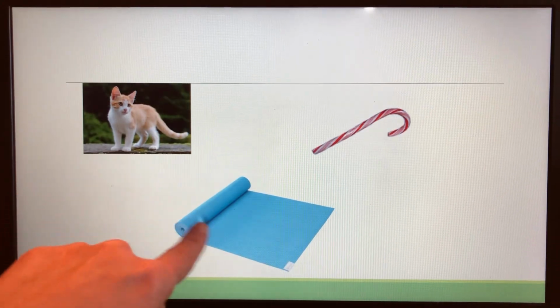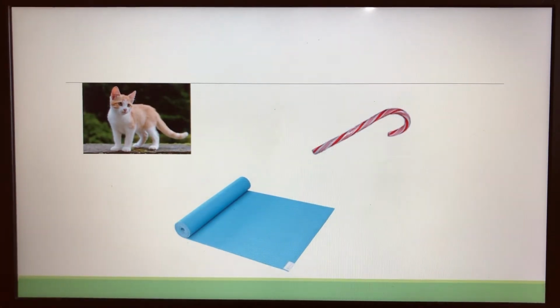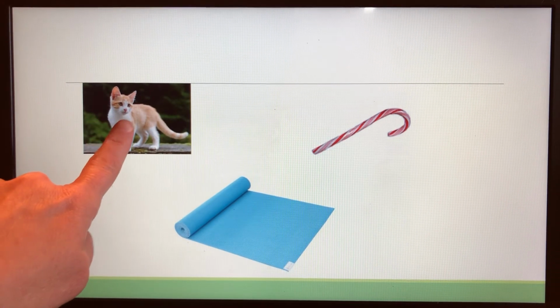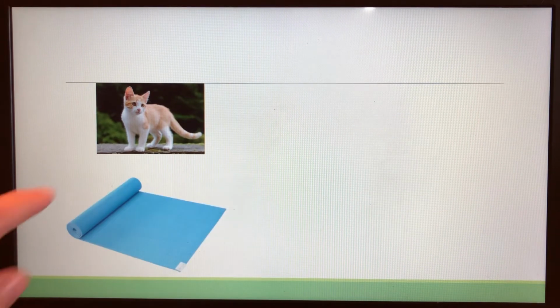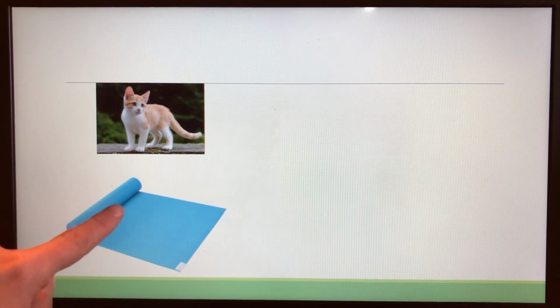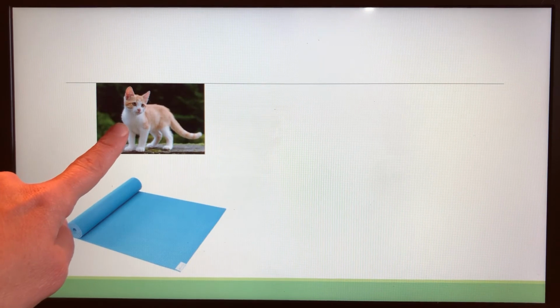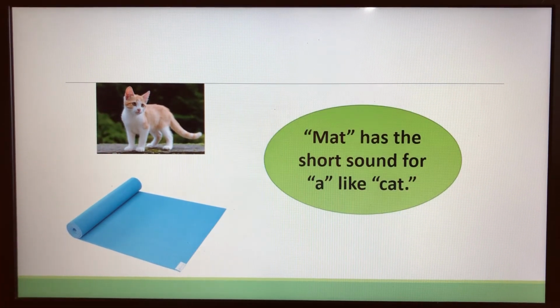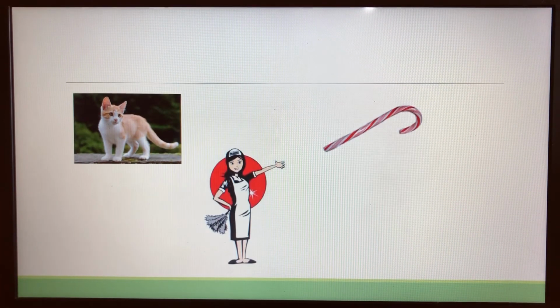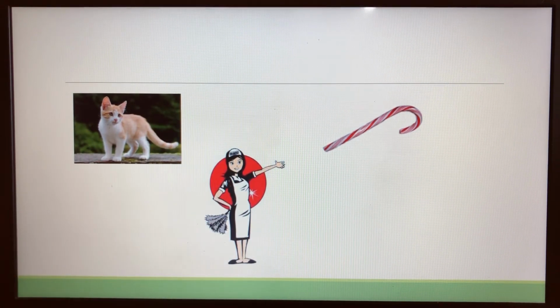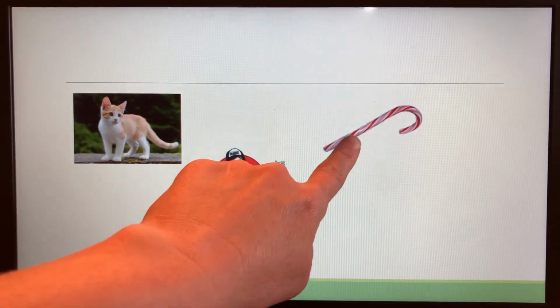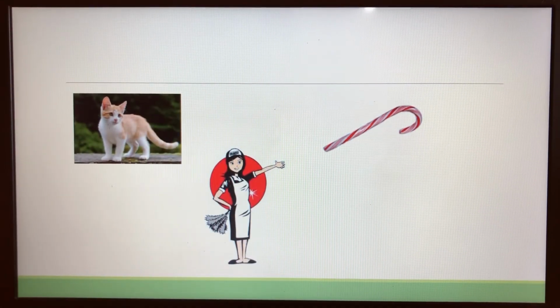Now let's sort this picture. This is a picture of a mat. Mat. Do you hear ah or A? Mat. You're right. You hear ah. Mat and cat. It has the short sound for A. How about the word made? Made. Do you hear ah or A in made?